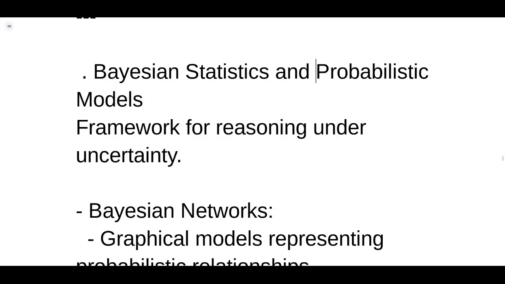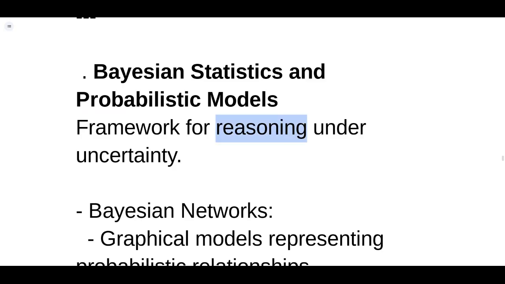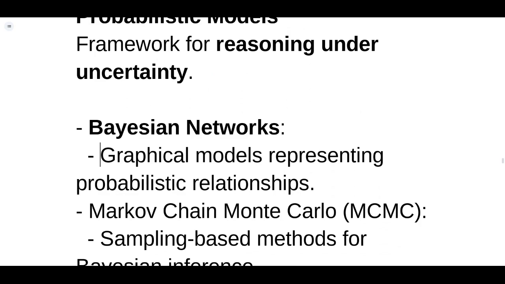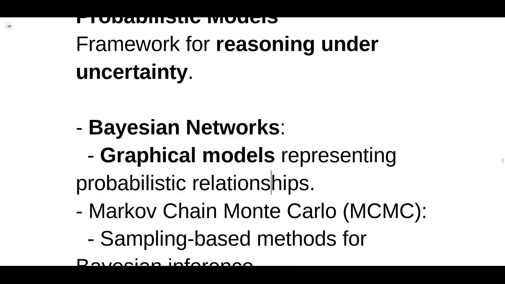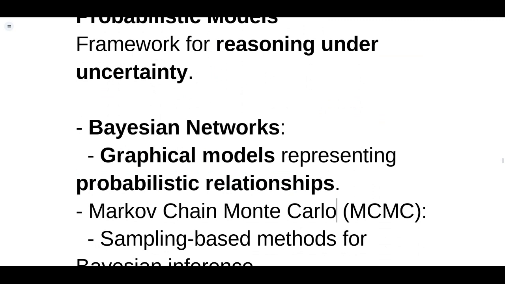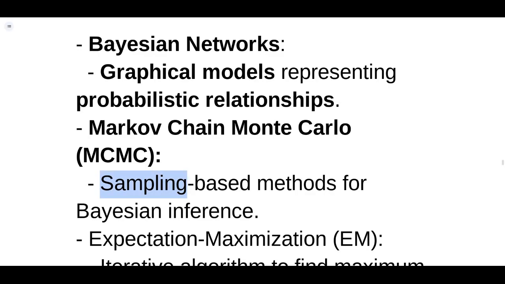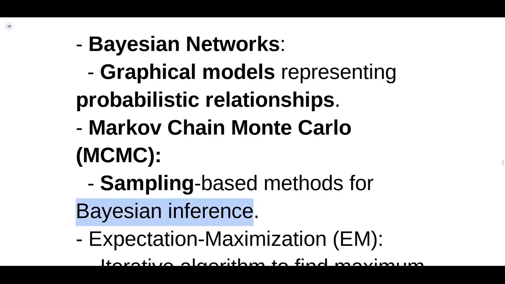Now, Bayesian statistics and probabilistic models, a framework for reasoning under uncertainty. Bayesian networks, graphical models representing probabilistic relationships. Markov chain Monte Carlo, a sampling based method for Bayesian inference.